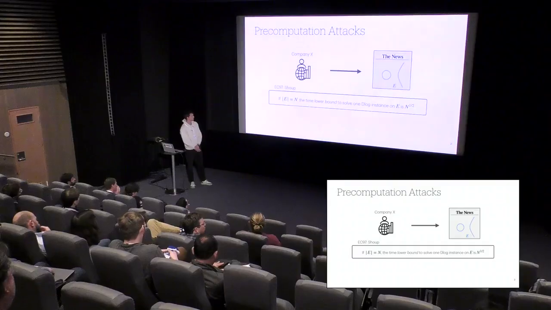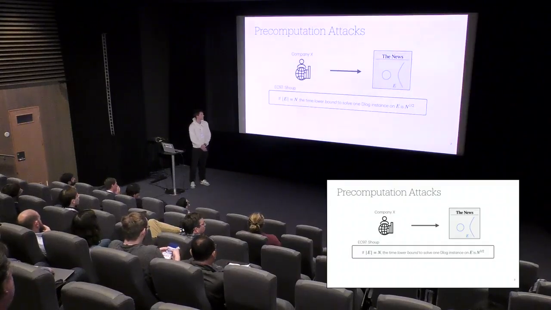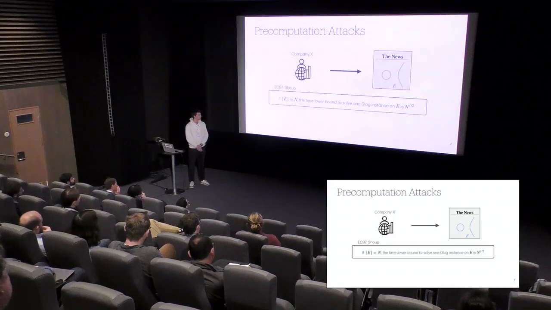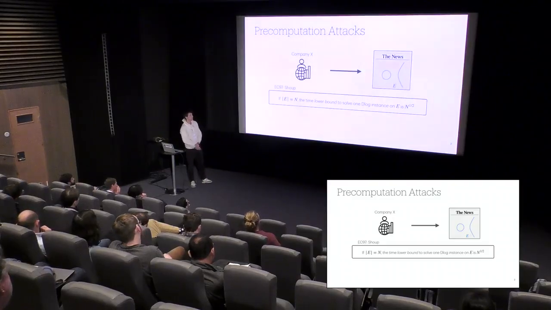Then we have a result by Shoup from 1997 that says that there's a time lower bound to solve discrete logs on this curve, which is the square root of the size of the curve. So even if the curve was honestly generated and not backdoored, company X could still do malicious things, such as precomputation attacks.